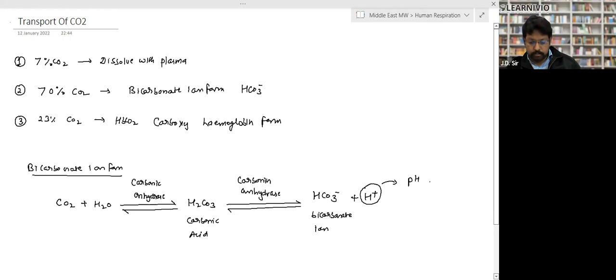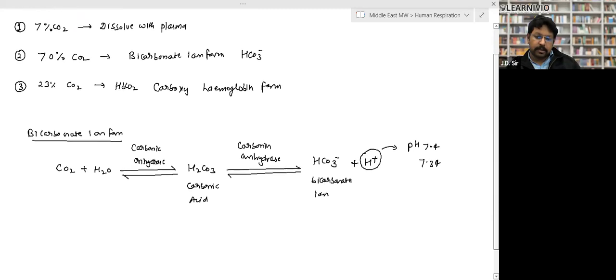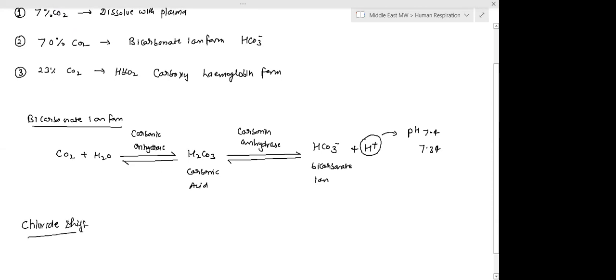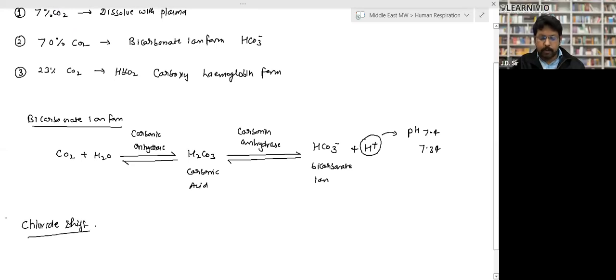pH value declined from 7.4 to 7.34. So in the next class we are going to study chloride shift, the most important thing of this chapter.